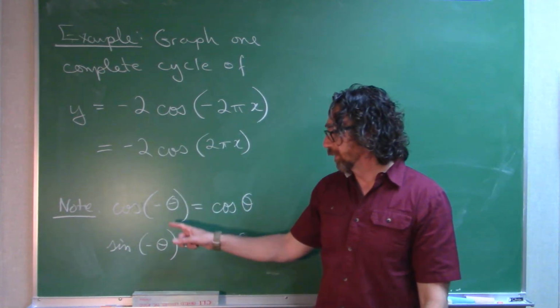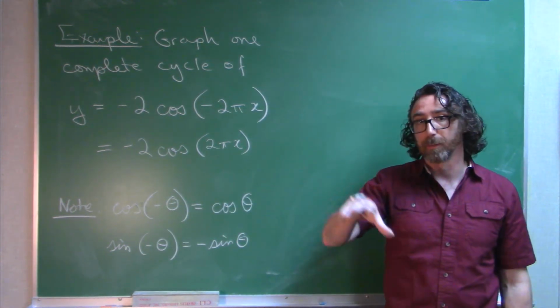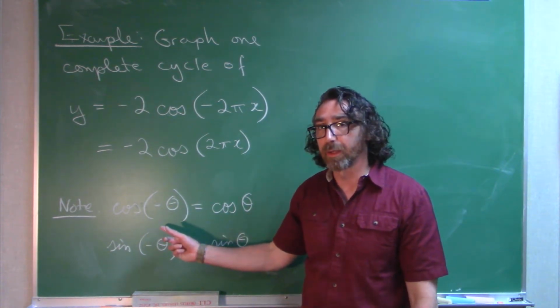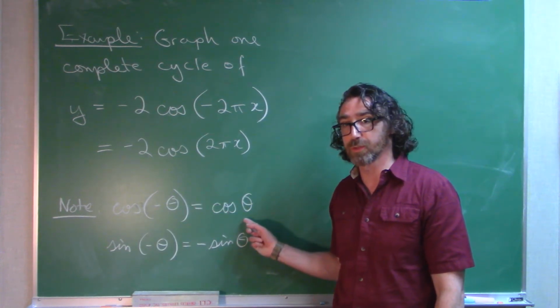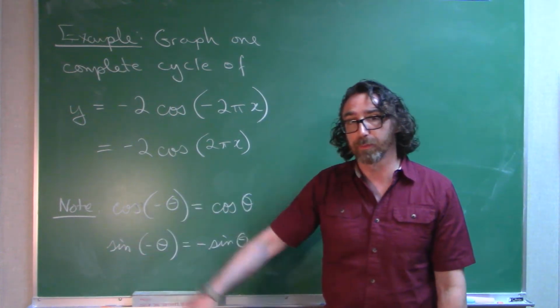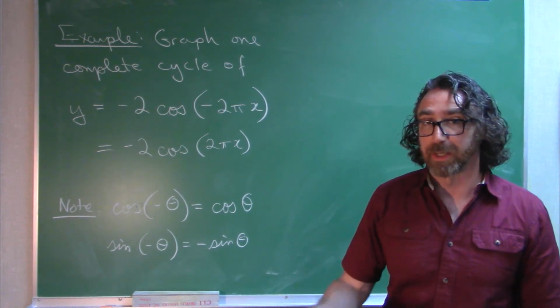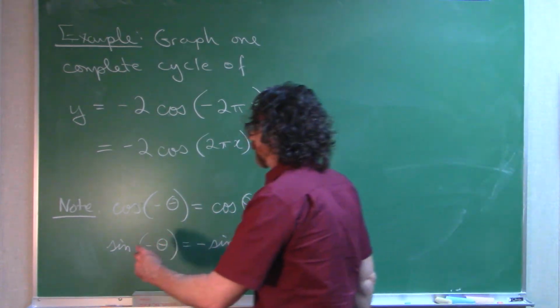So we can combine what we know from the even odd functions to help us deal with negatives on the inside. Any negative on the inside, you either get rid of if you're dealing with the cosine function, or you pull out if you're dealing with the other functions. Sine and tangent are both odd functions.